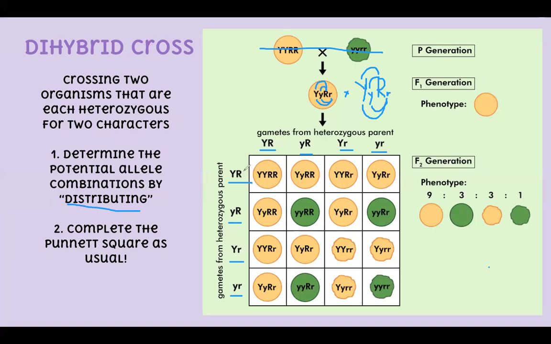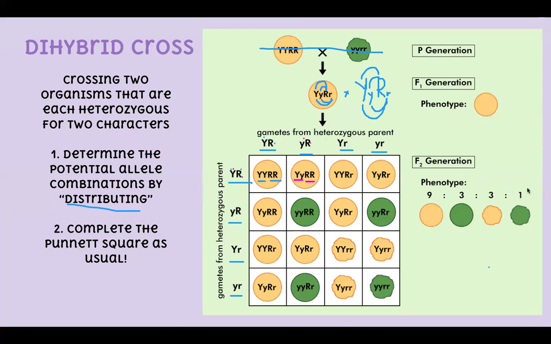The same way that we did before, keep the Ys together and keep the Rs together. So big Y, big Y. Big R, big R. Let me do a different color. Big Y, little y, big R, big R. Show you one more.